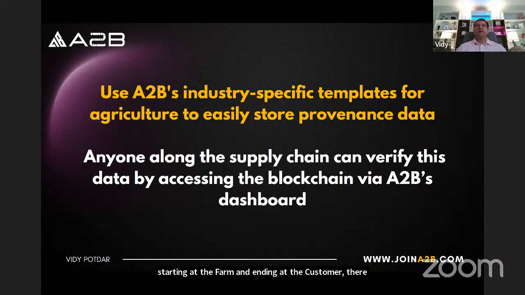With A2B, we can configure it in a way that every supplier within the supply chain can add to the blockchain and help build that story, whether it is for provenance, organic growth, or sustainable farming techniques. Everyone in that chain is accountable to provide some information to the blockchain during the whole process from farm to the consumer.